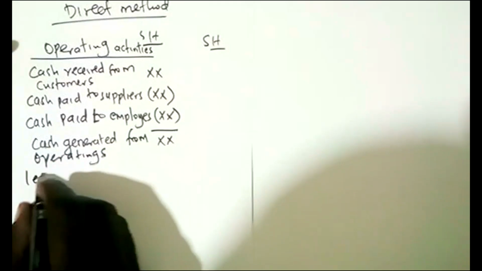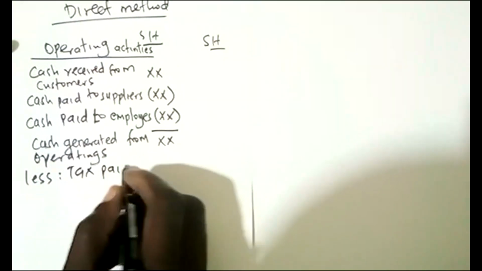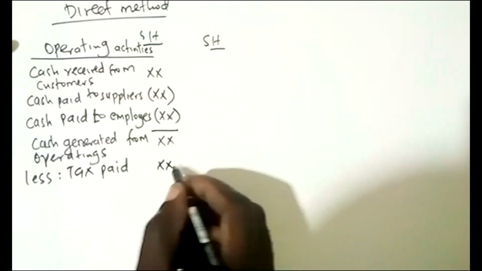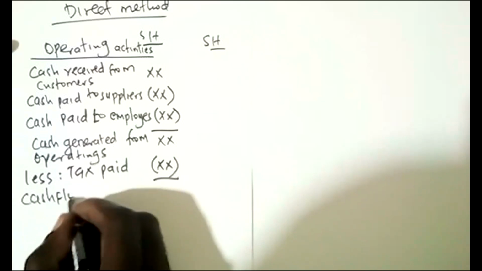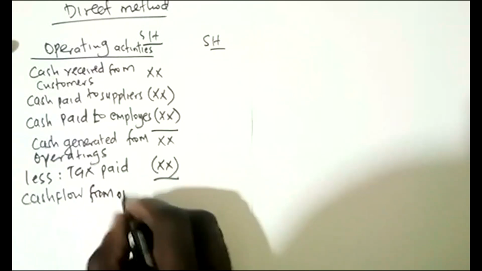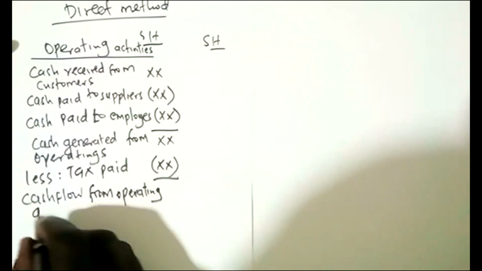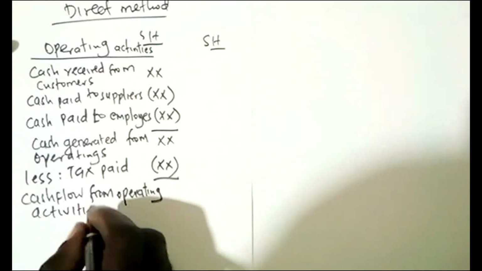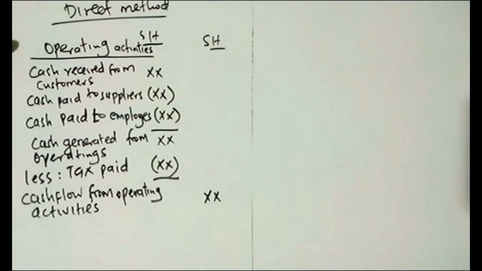Then deduct tax paid, and you get cash flow from operating activities.